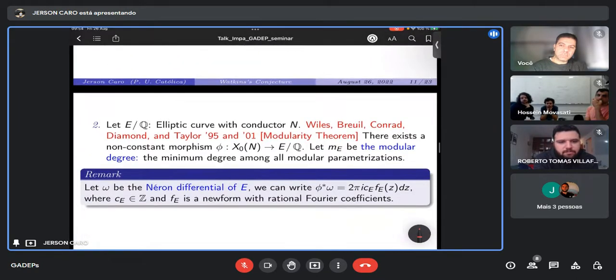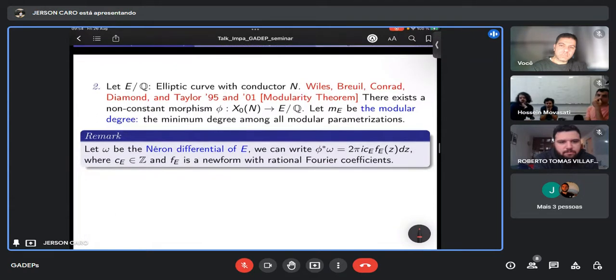And okay, let me make this technical remark. We can consider a Néron differential of an elliptic curve, and we can take its pullback, and we have this expression for the pullback of the Néron differential. In this case, we have 2 times pi i times c_E, where c_E is the Manin constant. It's called the Manin constant.